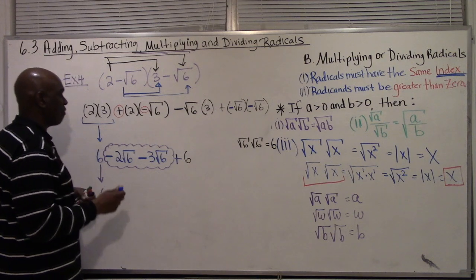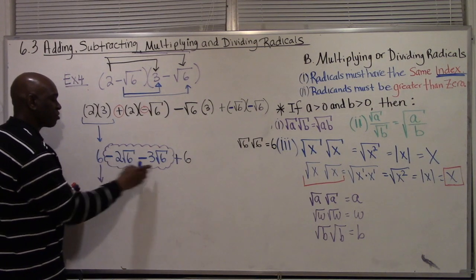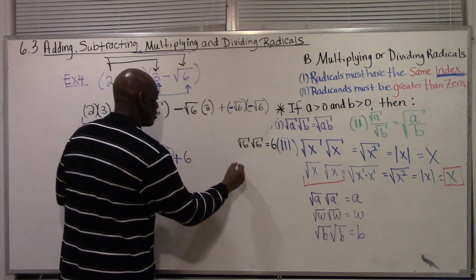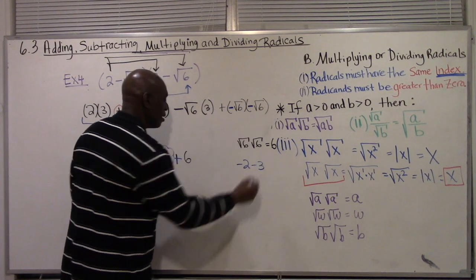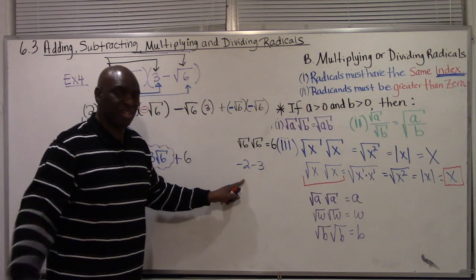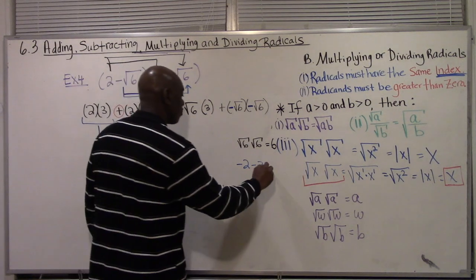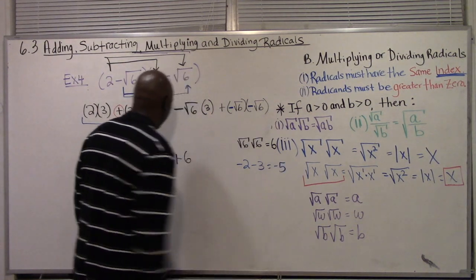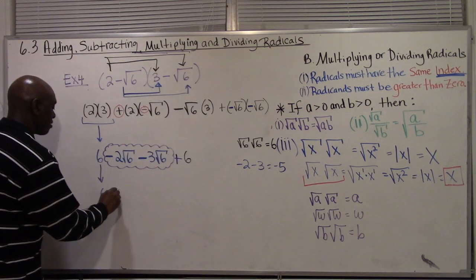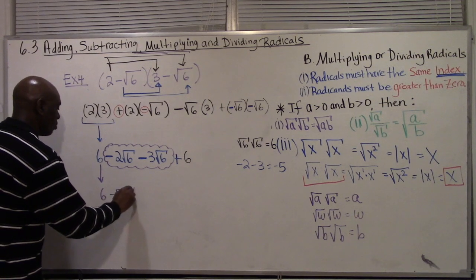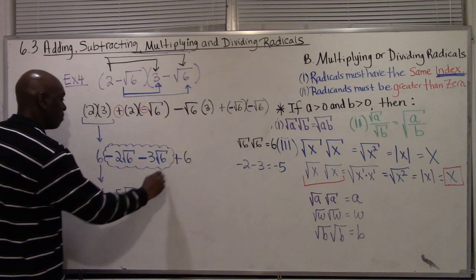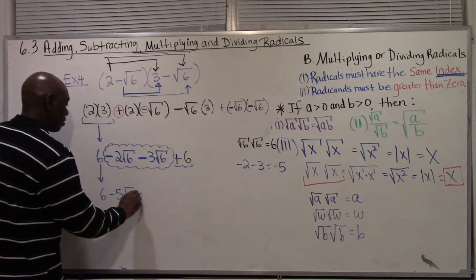So I'm going to have a negative 2 minus 3. What is negative 2 minus 3? This you have to know without a shadow of a doubt. Negative 5. So that's going to give me a minus 5 square root 6. And then bring down this plus 6.